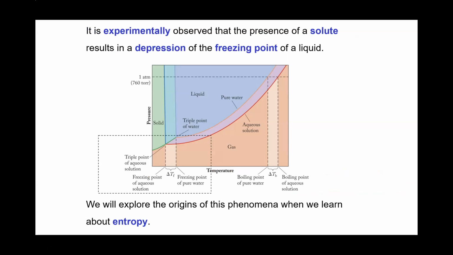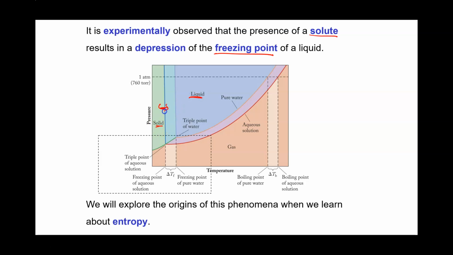So experimentally it's observed that we also see an effect on the freezing point when we add a solute to a solution. In particular, what we see is that the freezing point is depressed when we add a solute. So here we've got the lines. This is the liquid. This is the solid.